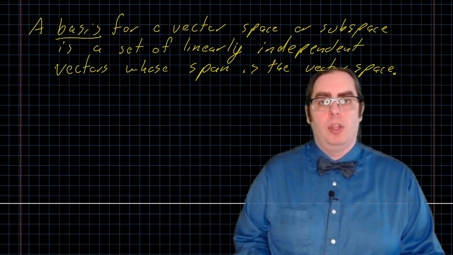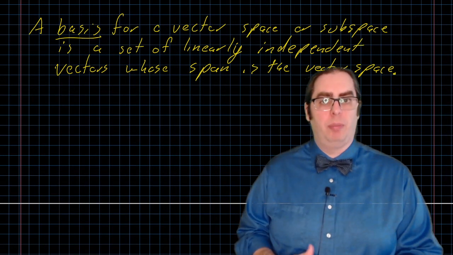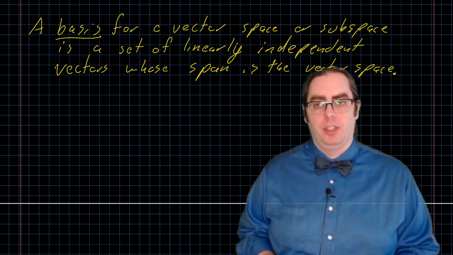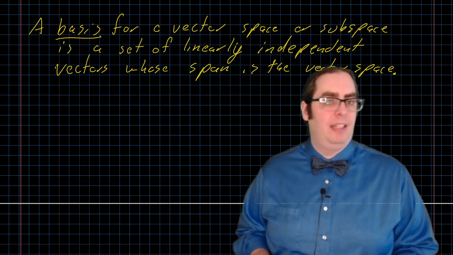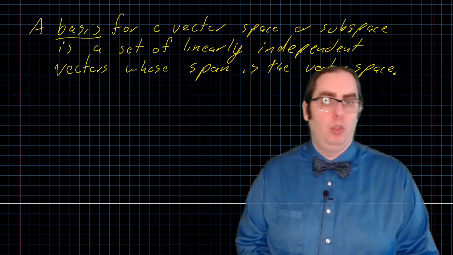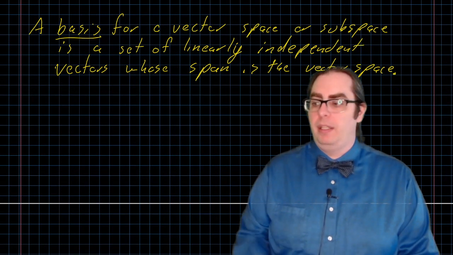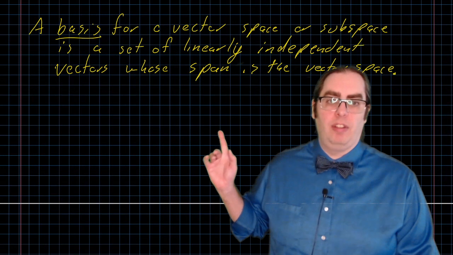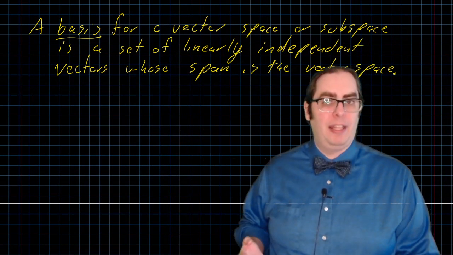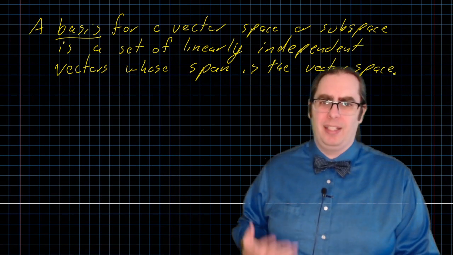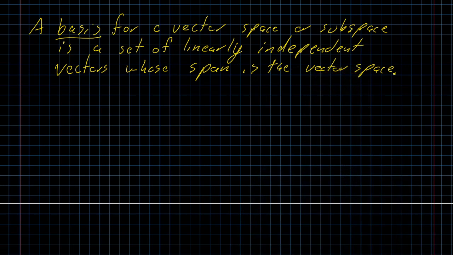A little bit later in the course, I'm going to come back to this idea and show you that it is possible, given any set of vectors, to reduce that set of vectors down to a linearly independent set whose span is the same vector space. But the span of any set of vectors is a vector space. There is always a linearly independent set that will span that vector space. And in fact, a couple of results I want to give you that I'm not going to take the time to prove.